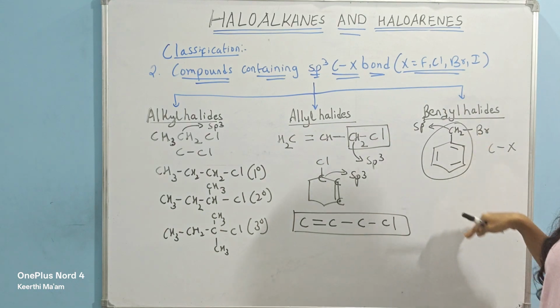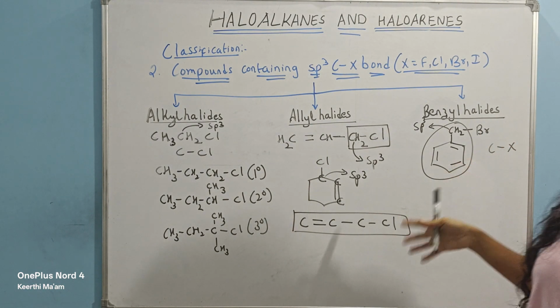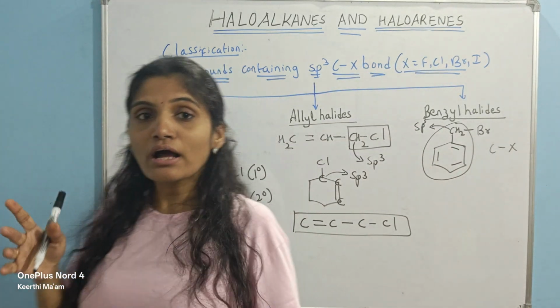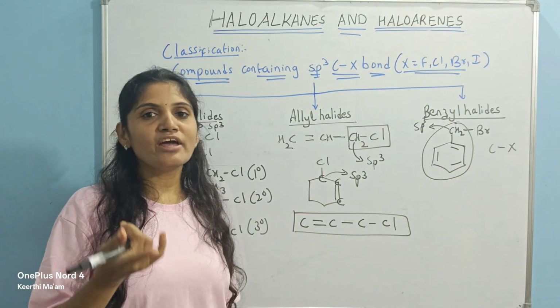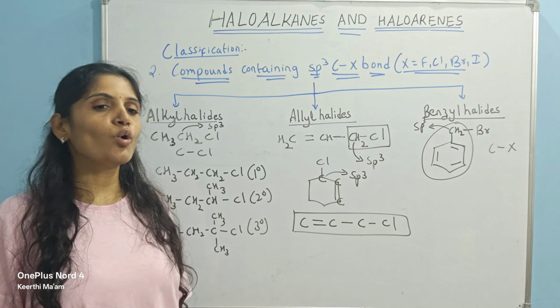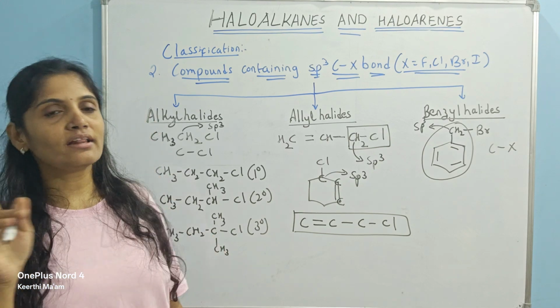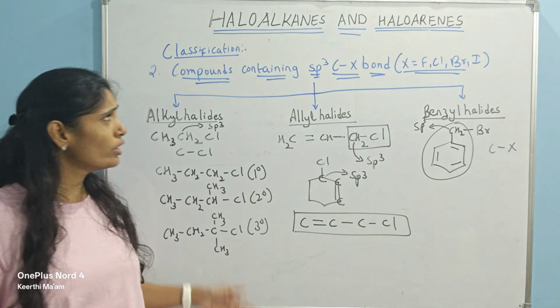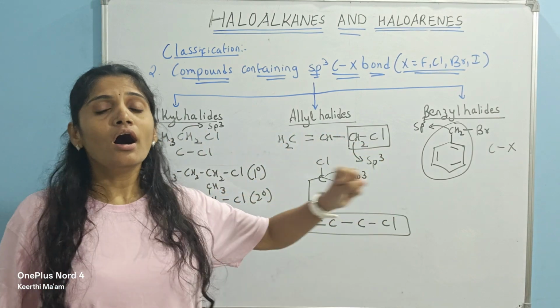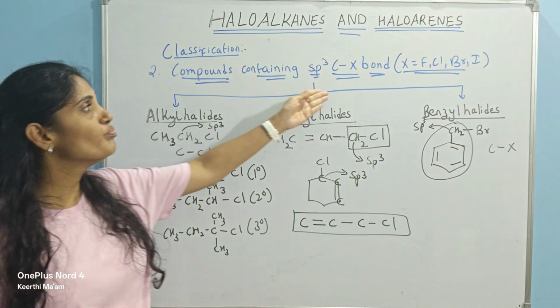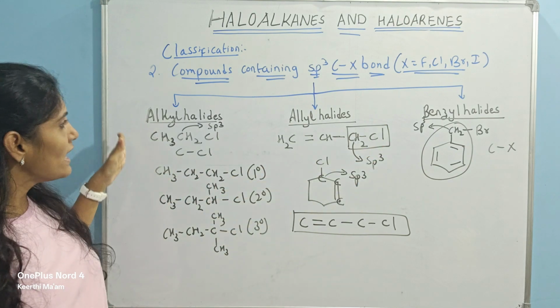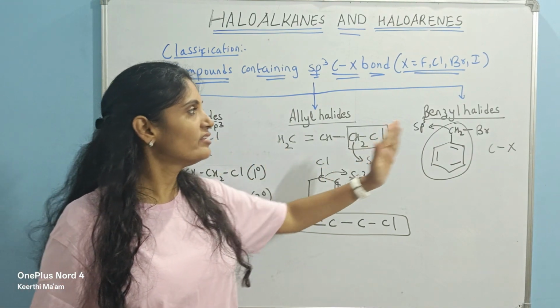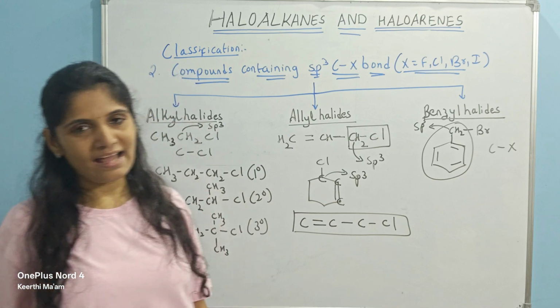So benzyl halides also come under the category of compounds containing a carbon with sp3 hybridization, and which carbon are we talking about? The carbon holding the halogen. So what are the three categories of compounds which hold sp3 CX bond? Alkyl halides, allyl halides, and benzyl halides.